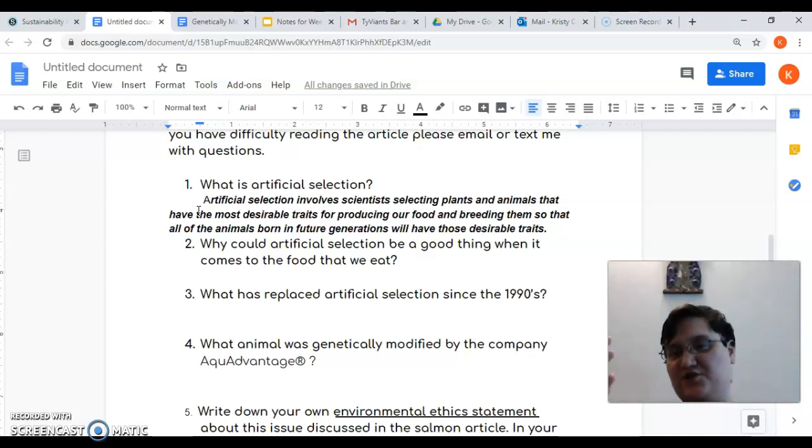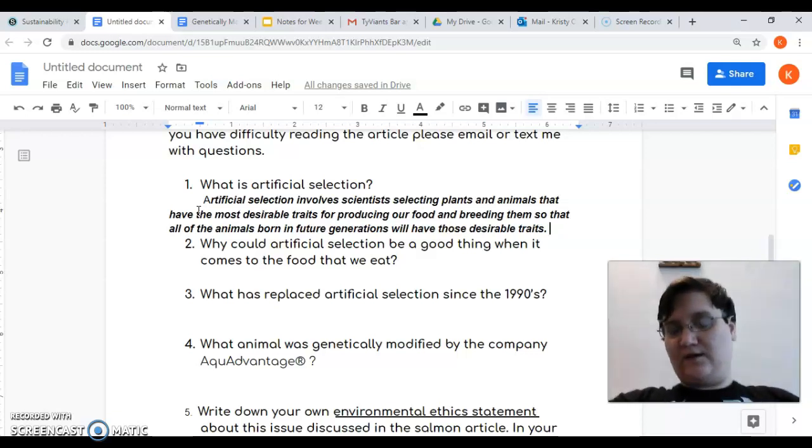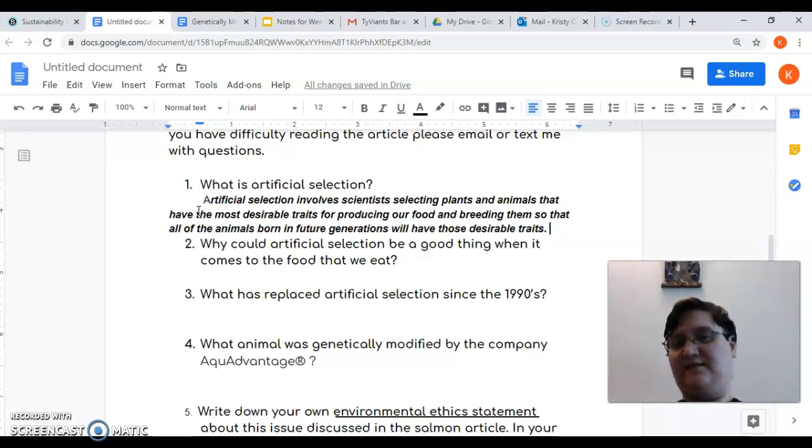We know that this trait means that they're going to produce good milk for the female. So we're going to breed the two cows with that trait, so then hopefully their offspring have that trait, and then their offspring have that trait, so then the trait will keep getting passed on, so we get better milk as the years progress. That's kind of like what we're talking about.